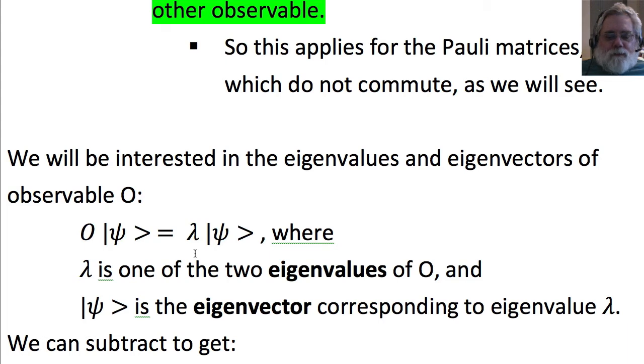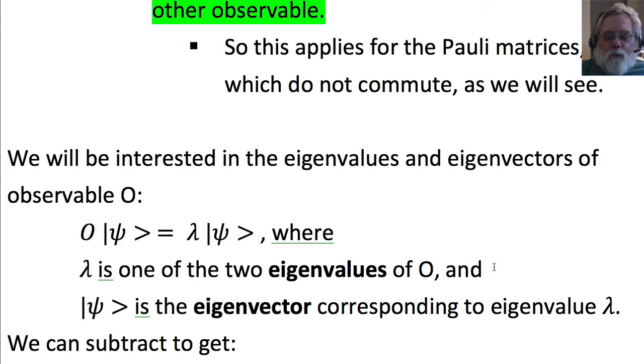if operating on that produces ket psi times some number lambda, when that happens, we call lambda an eigenvalue, and there are two eigenvalues for an operator O for a two-state system. They could be the same, they could be different, but there are two, so it can't be three.